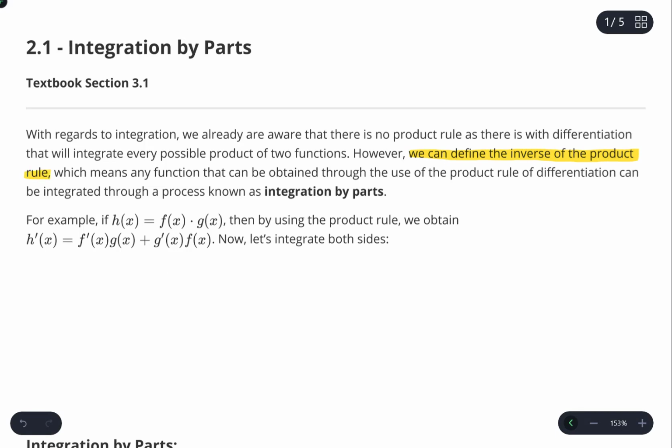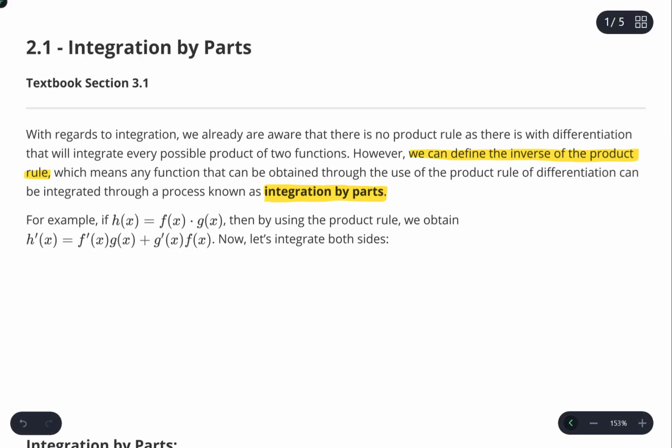So the product rule being the product rule from differentiation. And what this means is that any function that can be obtained through the use of the product rule of differentiation can be integrated through a process known as integration by parts. So this will work well when you have a product of functions, but it doesn't guarantee that it will work.